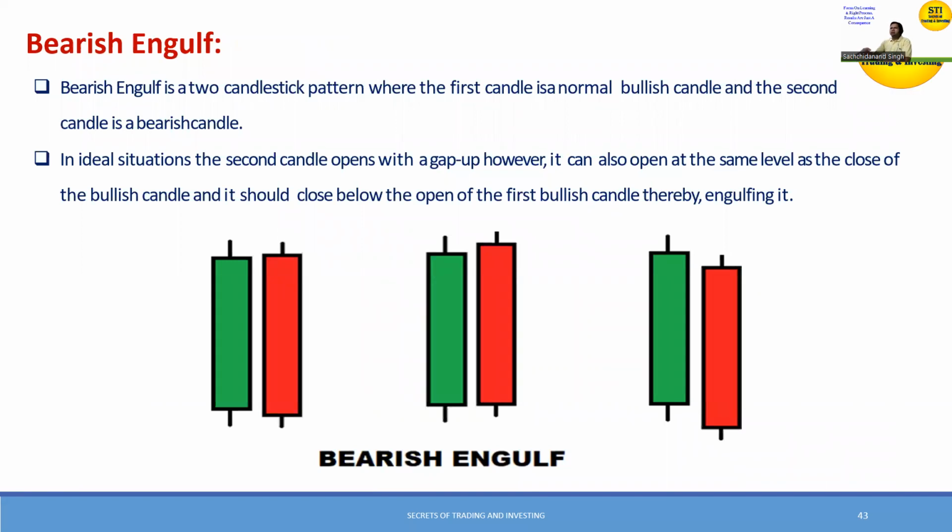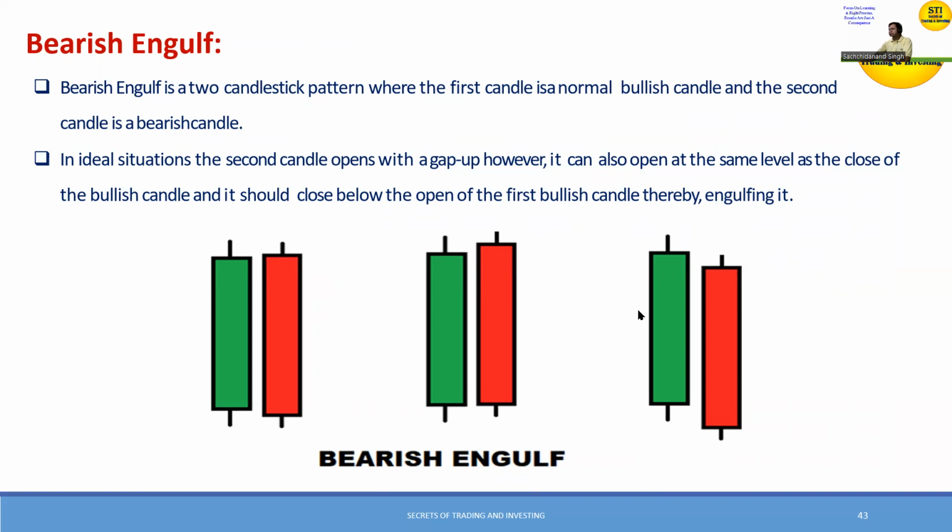Next one is the bearish engulf, which is again a two candlestick pattern, where the first candle is a bullish candle and the second one is a bearish candle, and there are three possibilities. Either it will start at the same level and close at the same level, or start with a little gap up and close a little closer to the first green candle.